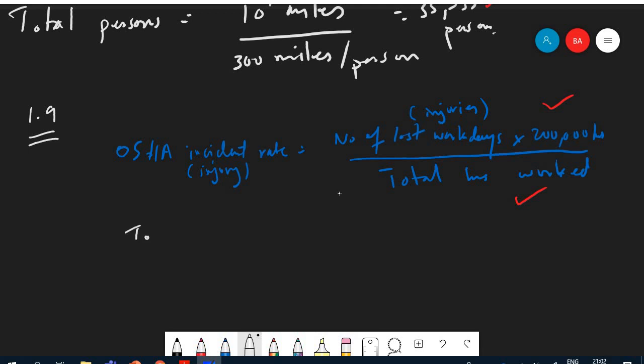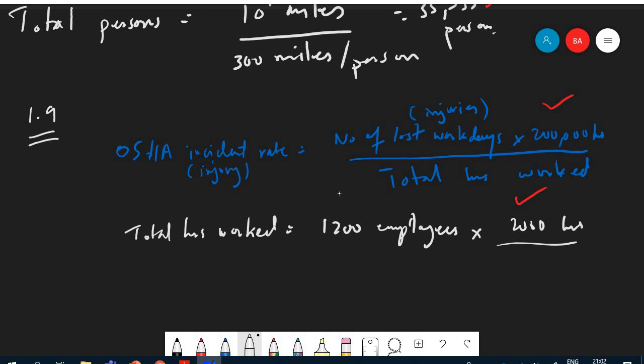The total hours worked is equal to 1,200 employees, and each one is working 2,000 hours per employee, or to be more specific, 2,000 hours per year.